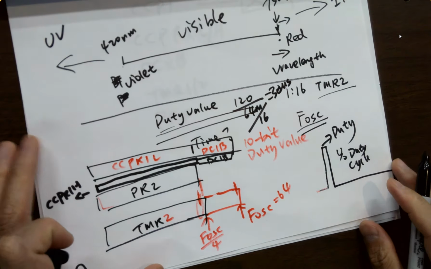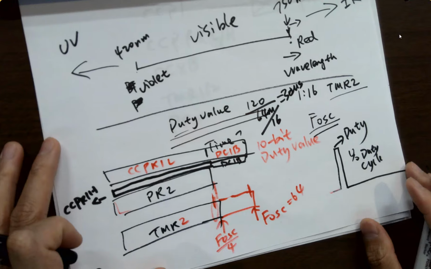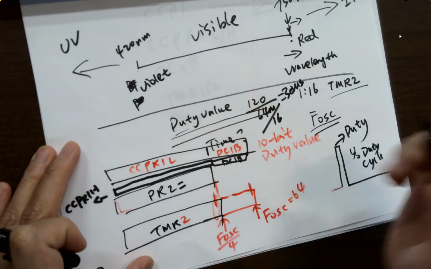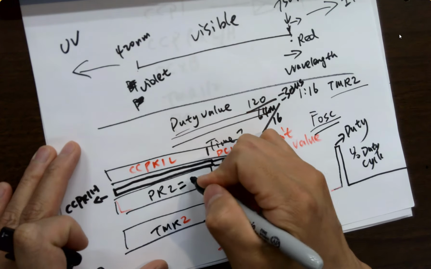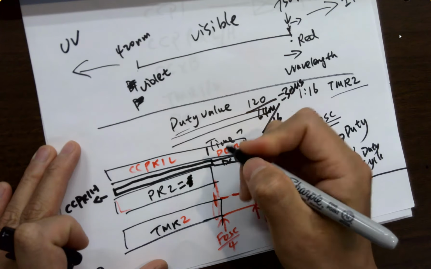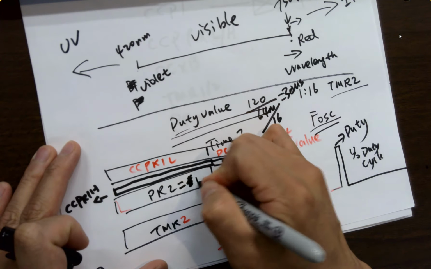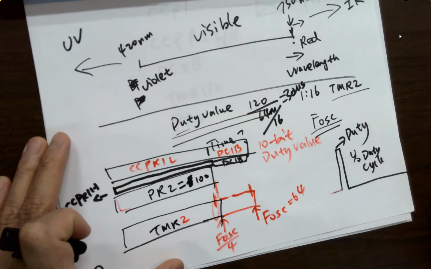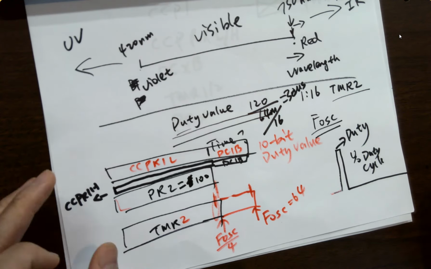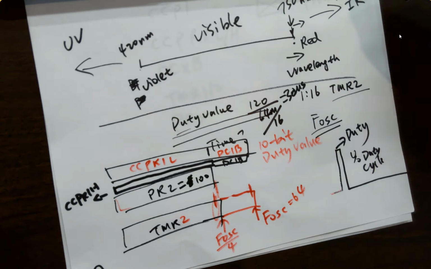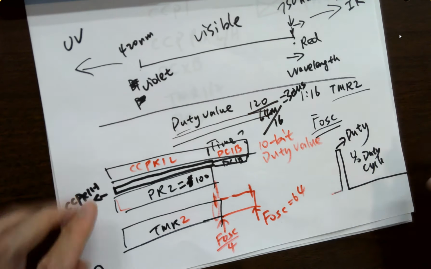So if I ask you, with PR2, let's do 100, what's the period? Is that a reasonable question? I give you a count in PR2 and ask for the period. Is that a reasonable question at all? Yeah. How to do it?